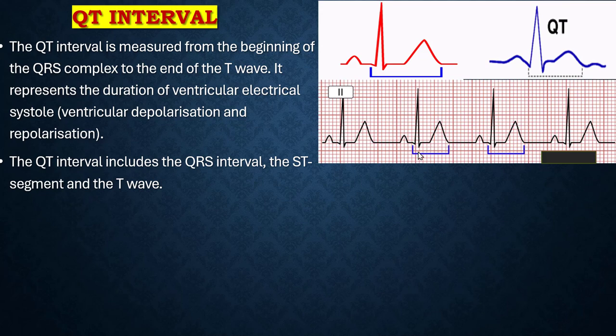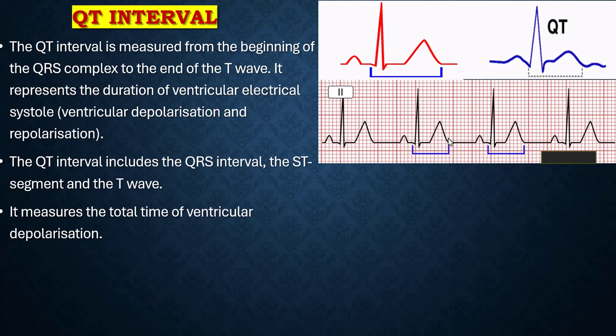This interval includes the QRS complex, the ST segment, and the T wave, this is the T wave. It measures the total time of ventricular depolarization and repolarization.